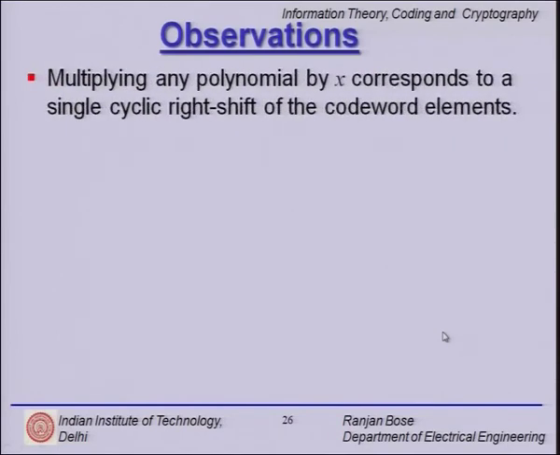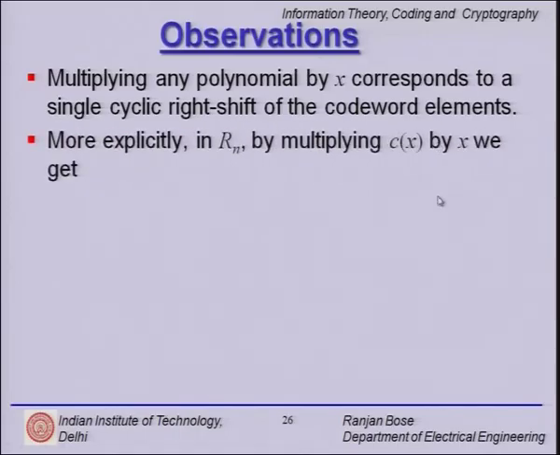Now comes the most important link. Why are we talking about polynomials for the past so many minutes? Firstly, multiplying any polynomial by x corresponds to a single cyclic right shift of the code word elements, because simply you are increasing the power of x by 1, and so it results in a cyclic shift. More explicitly in Rn, by multiplying C(x) by x we get, so C0 which did not have an x coefficient now has C0x, and C1 which was coupled with x to the power 1 now gets x squared.